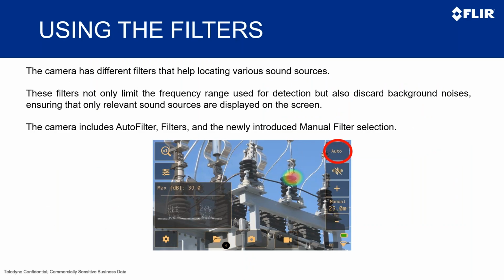So now we're jumping into the filters. One of the main advantages or benefits of acoustic imaging cameras is the powerful filters that we have, right? Basically, the main idea is that we are filtering out, that means discarding, all the non-relevant sound in any industrial environment or any kind of environment where there are sounds around that are not relevant for our inspections.